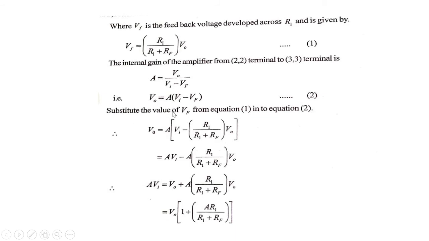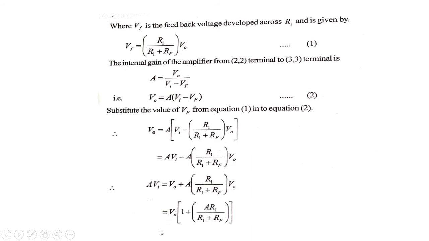Now substitute the value of Vf from equation 1 into equation 2. We get V0 equal to A into Vi minus R1 upon R1 plus Rf into V0. Therefore, V0 equal to A Vi minus A into R1 upon R1 plus Rf into V0. Therefore, A Vi equal to V0 plus A into R1 upon R1 plus Rf into V0.